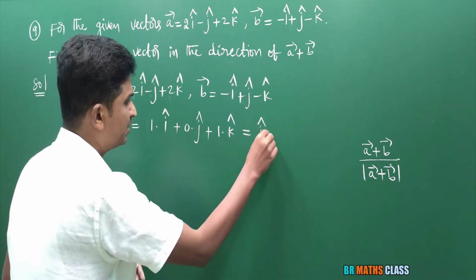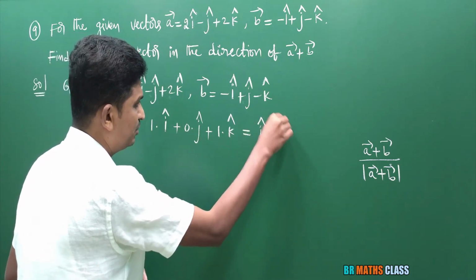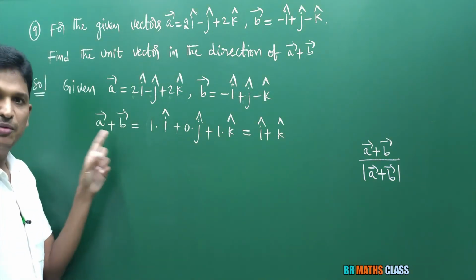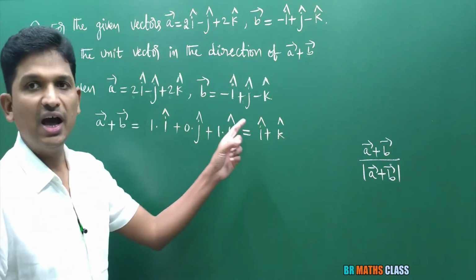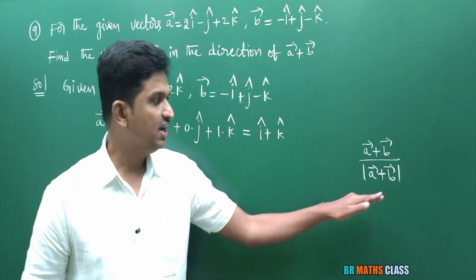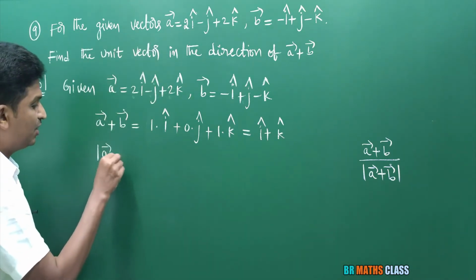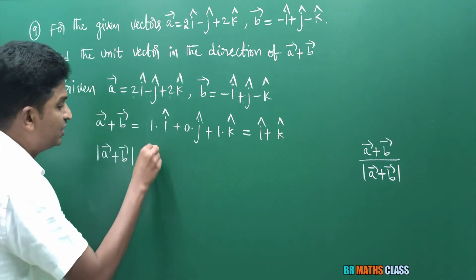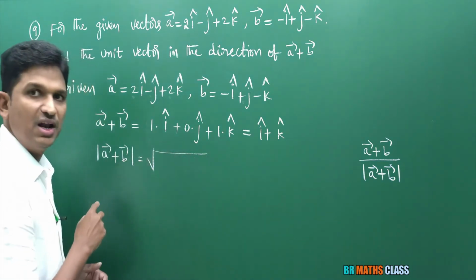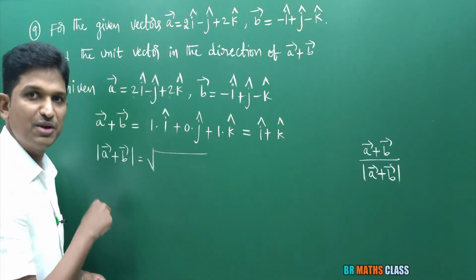This is 0, plus 1 into k cap is nothing but k cap. So when I calculate a bar plus b bar, I got i cap plus k cap. Now I need the magnitude of a bar plus b bar. To calculate the magnitude of the vector a bar plus b bar, I need the scalar components of a bar plus b bar.